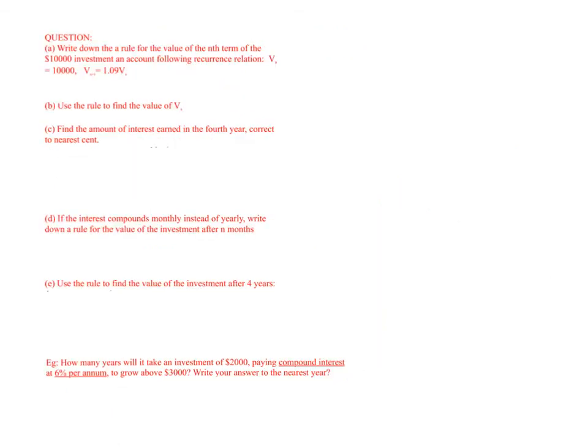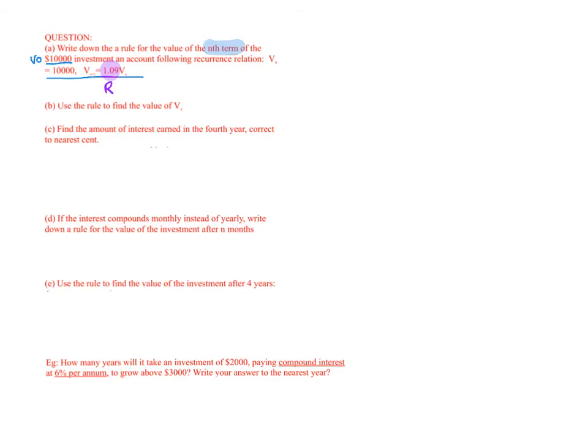Write down the rule for the value of the nth term. So you know you're doing the nth term here of the investment of $10,000, so that's V0. Okay, and the investment on the account has this recurrence relation. Can you see that this part here is the R?